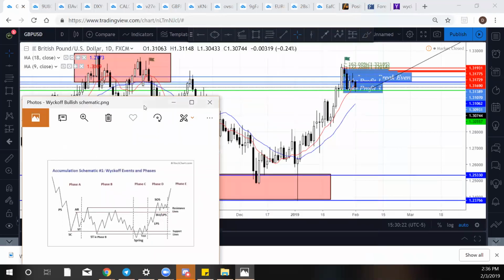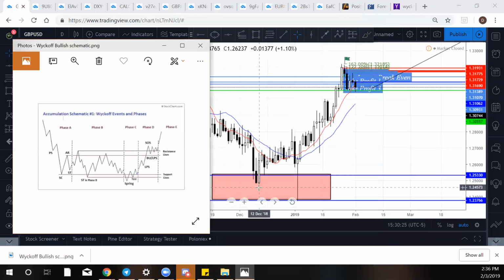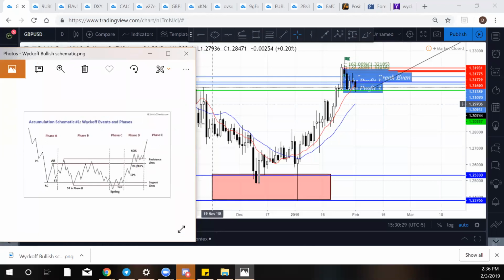This is where we had the spring right down here. We test, and I know we dove a little deeper in there. We keep testing, and then we're increasing our orders to the upside. Our sign of strength would be right here in the 1.3084 to 1.3193 area. That's where I would get my inclination to have a buy scenario.